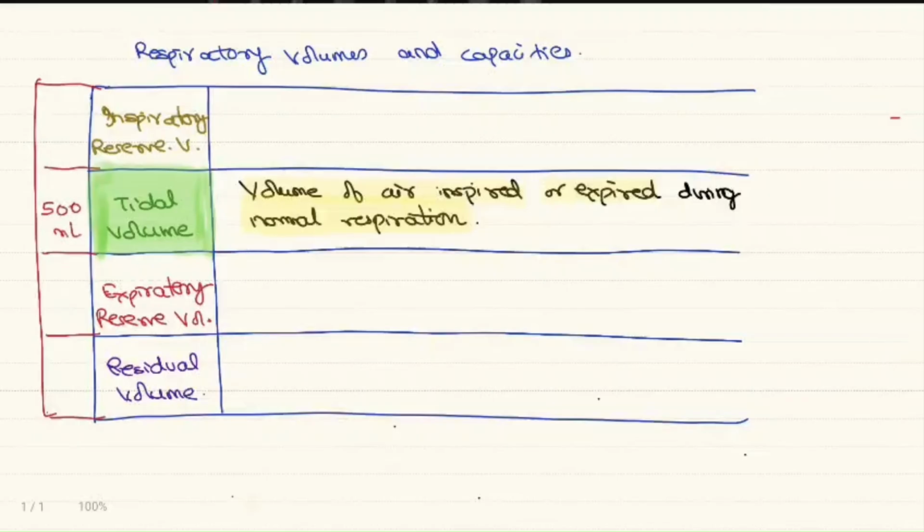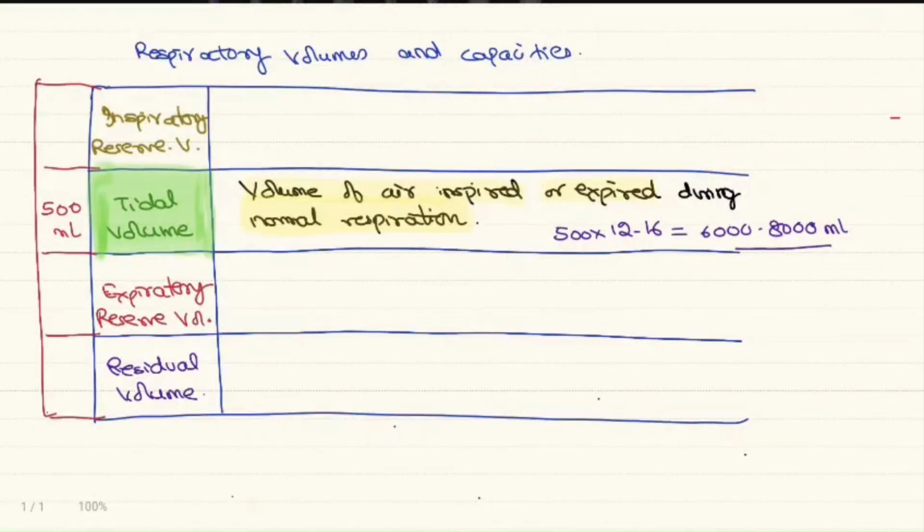If you remember, we can breathe 12 to 16 times in a minute. So in a minute, we generally inhale and exhale nearly 6,000 to 8,000 ml of oxygen and CO2. Or I can say 6 to 8 liters of air we can inhale and exhale in 1 minute.